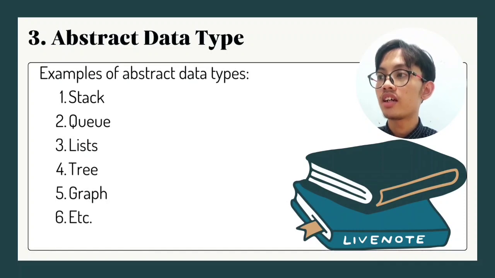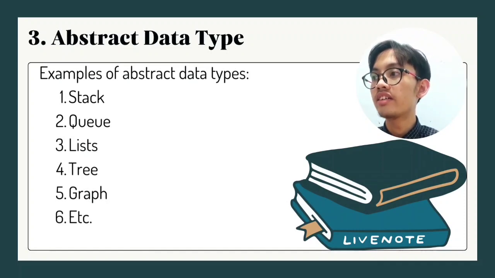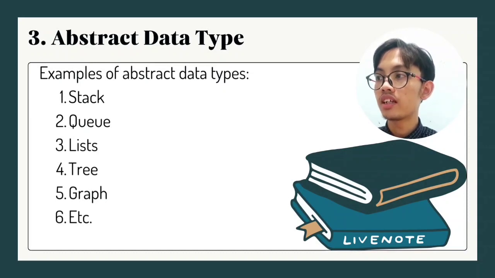In a stack, adding and deleting elements can only be done at one position, namely the end position of the stack. The position is called the top of the stack.